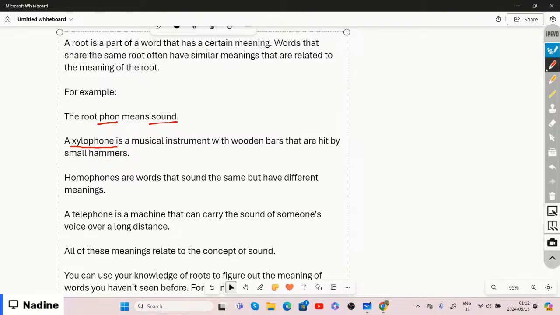When you hit each of those different bars, each one makes a different sound. So a xylophone has to do with making a sound, because when you hit that musical instrument, it creates a sound. So there we have that one word, xylophone, and we see that the word phone means sound. Then we have another word, which is homophones.